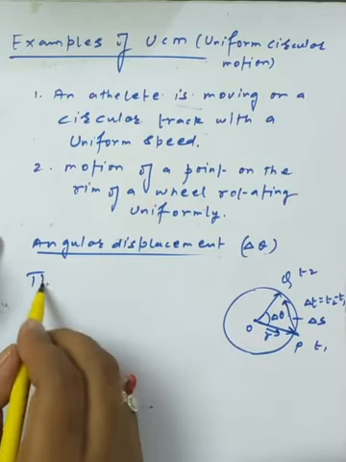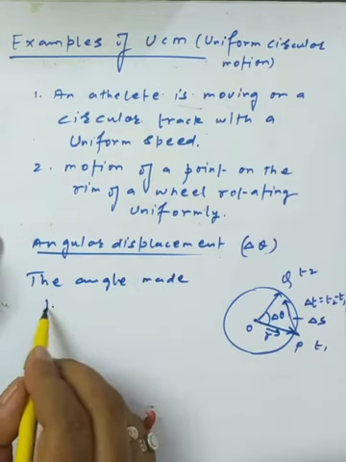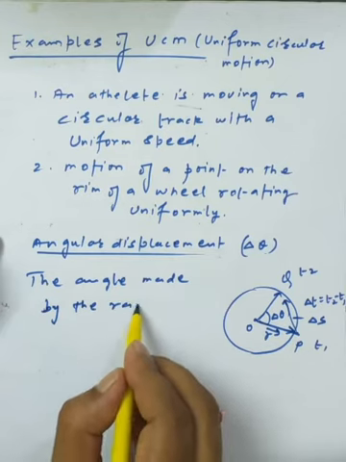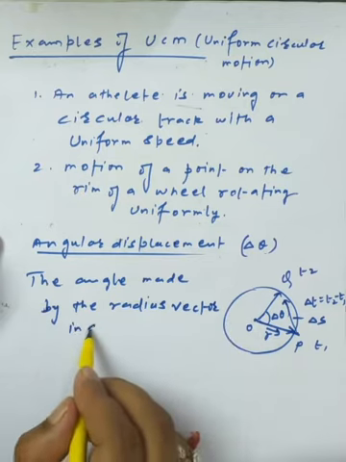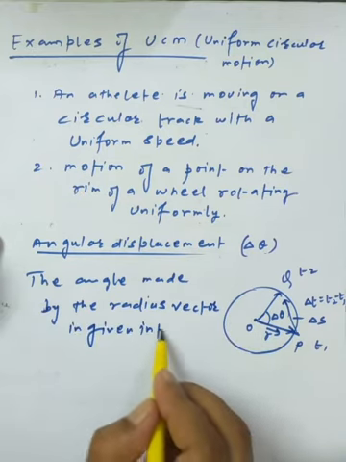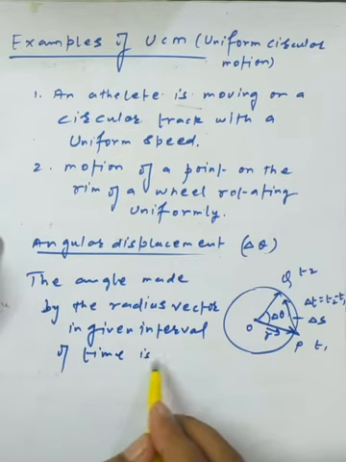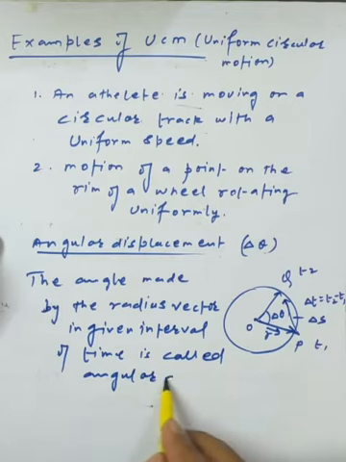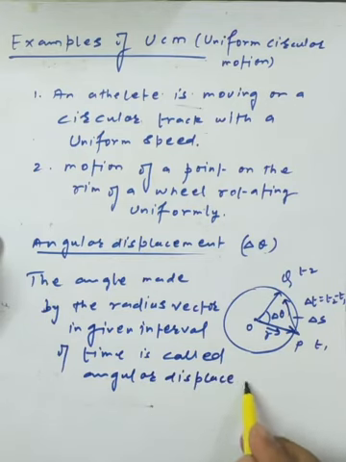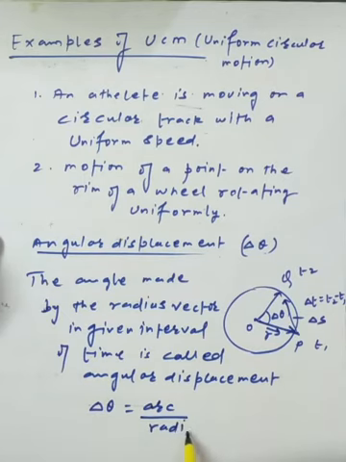So the angle made by the radius vector in a given interval of time is called angular displacement, and delta theta is equal to arc upon radius.